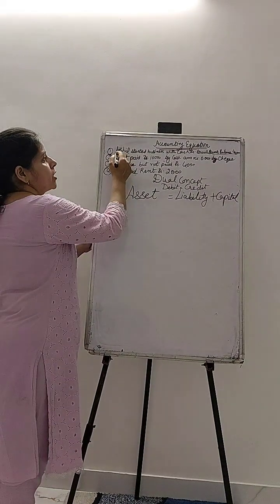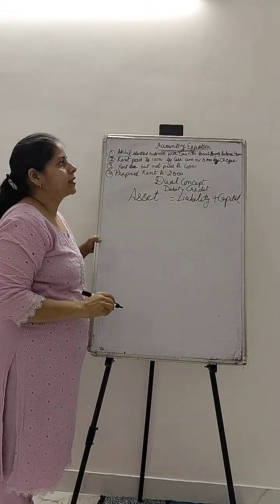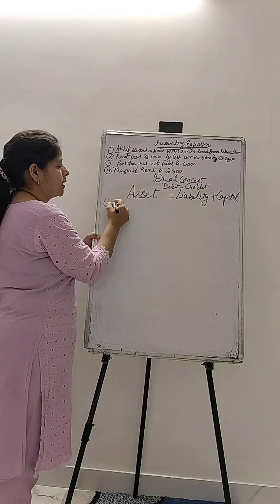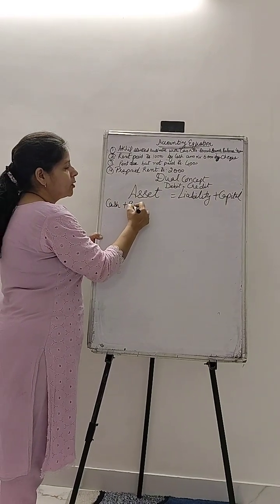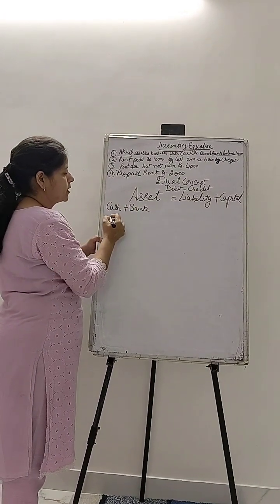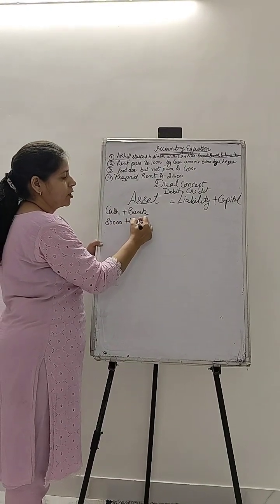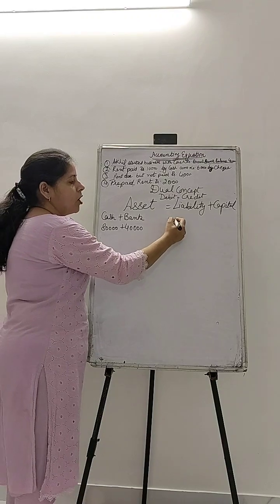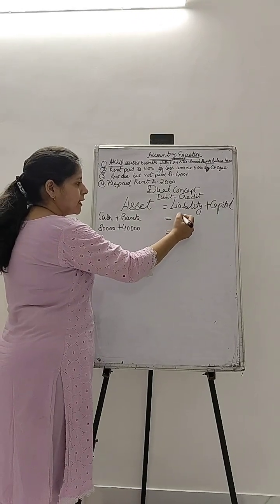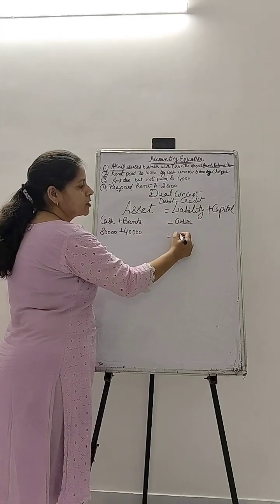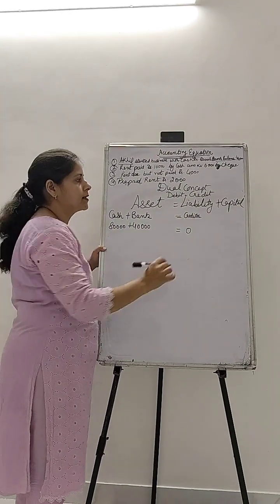In this given question, Akhil started business with cash balance 80,000 and bank balance of rupees 40,000. So debit what comes into the business: cash of rupees 80,000 and bank balance of 40,000. But the owner has not taken this as a credit from somebody else, so there is no liability in the business.